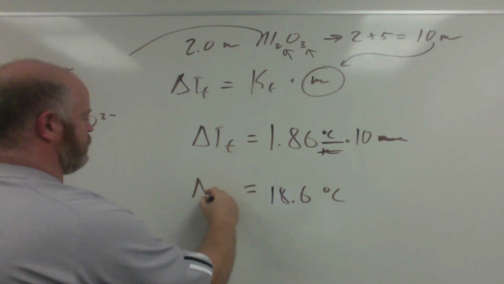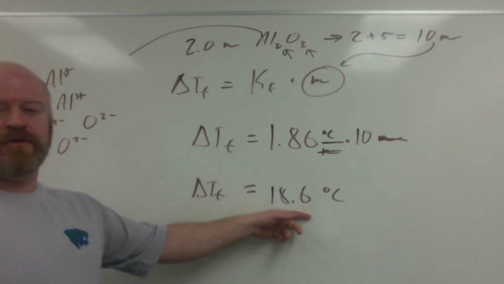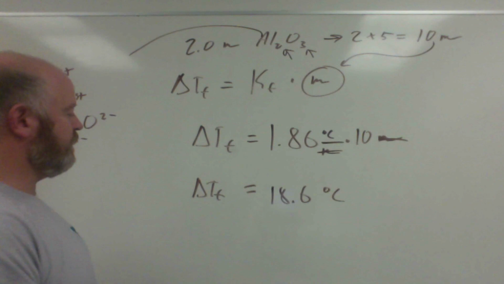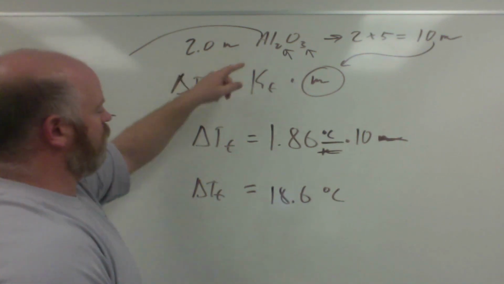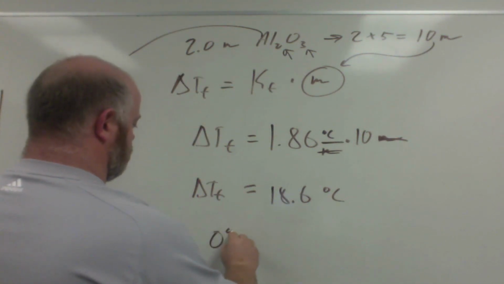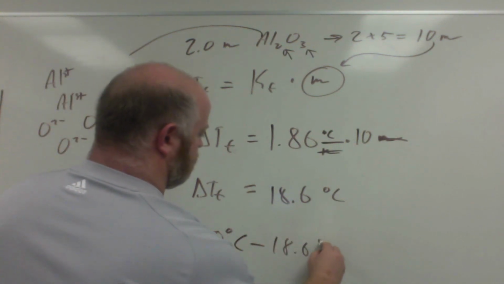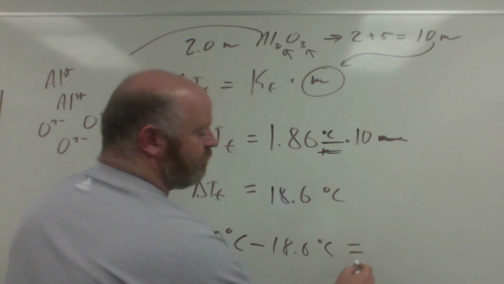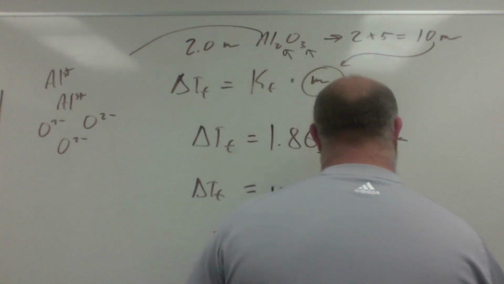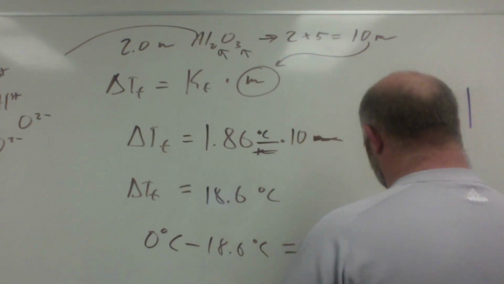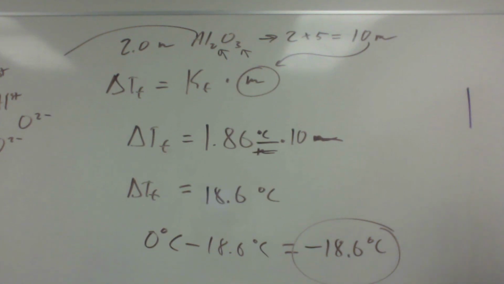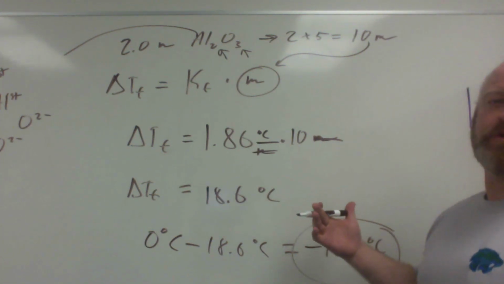So my change in temperature is going to be 18.6 degrees Celsius, which means my original freezing point of water was 0 degrees C minus that 18.6. So my new freezing point would be a negative 18.6 degrees Celsius.